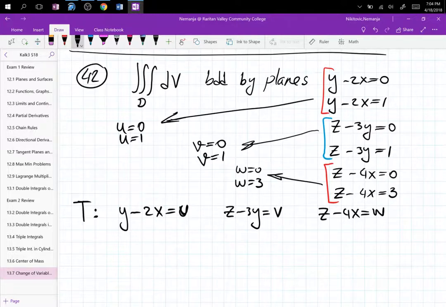Remember how the Jacobian is dx du? So we have to flip all of these equations now, because they need to be x equals, y equals, in terms of u, v, w. And the fastest way to do this is to actually maybe use the matrix, row reduced echelon form, things like that from linear algebra.